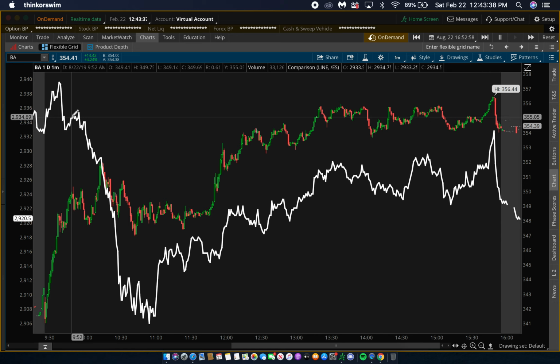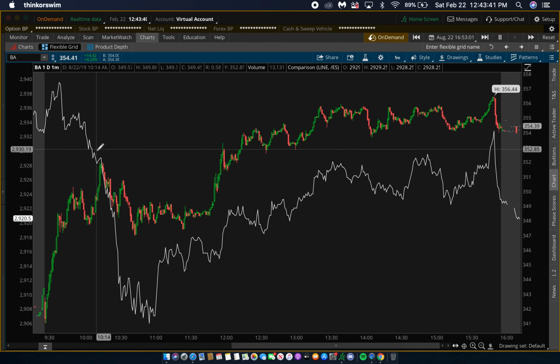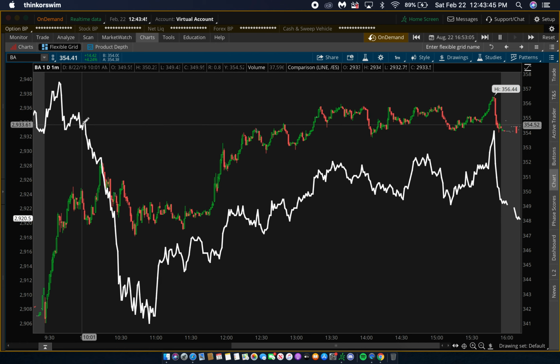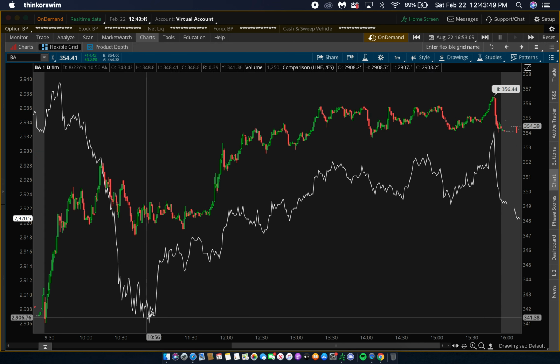Or you can wait for what happened: the market started selling off. On the left axis, you can see the price of the S&P was about 2,930, and the S&P went down to 2,906, so it went down almost 20-something points. But Boeing wasn't selling off. Boeing was holding.